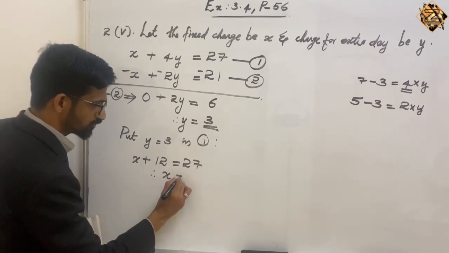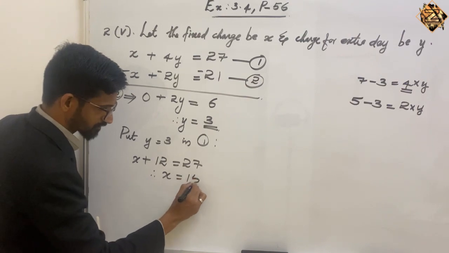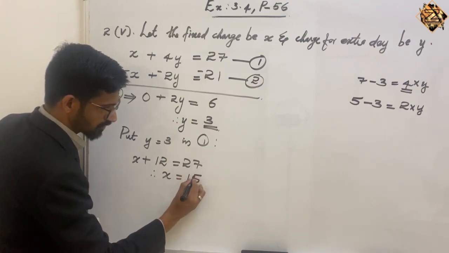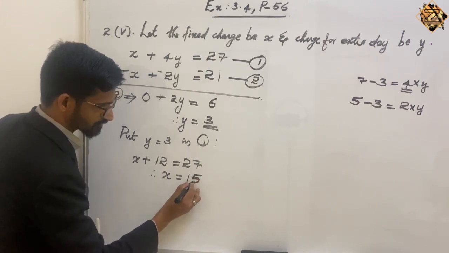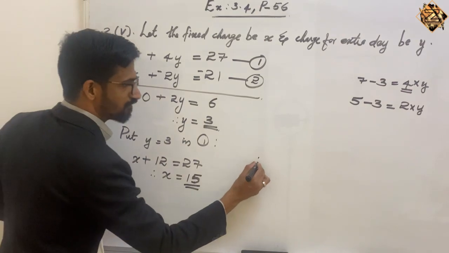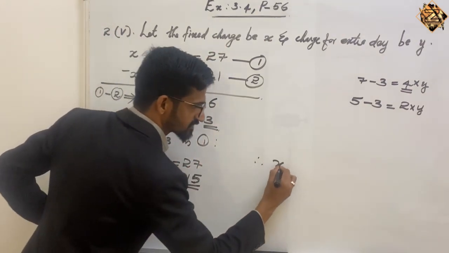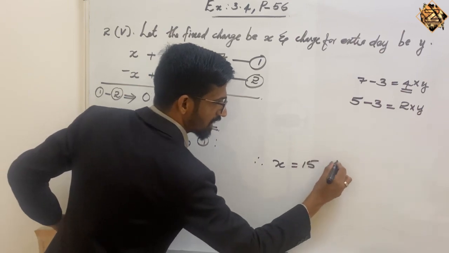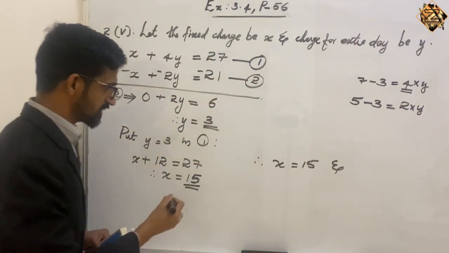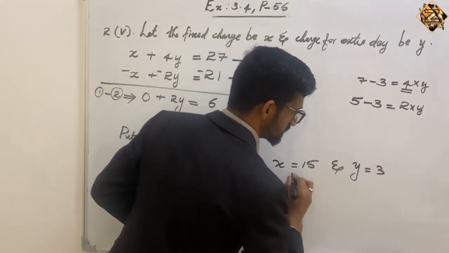Therefore x equals 27 minus 12, that is 15. Therefore the fixed charge is x equal to 15, and the additional charge for each day is rupees 3, y equal to 3. Hope it is clear.